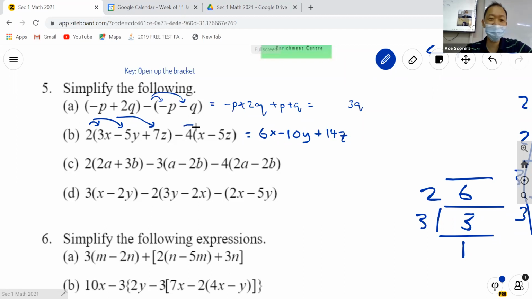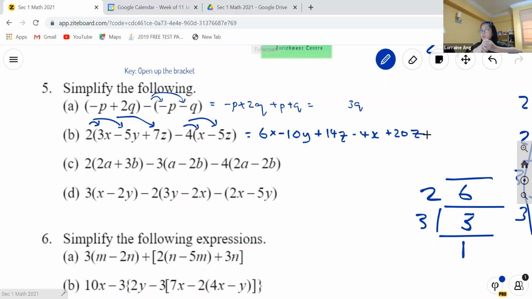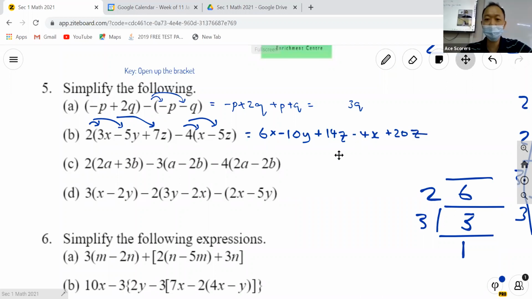Then next, rainbow this guy in. Minus 4 times x. What's minus 4 times x? Minus 4x. Yeah, well done. And then after that, minus 4 times minus 5, z. Plus 20z. Very good. 20z. Yeah, correct. So once you've done this, it's almost there already.